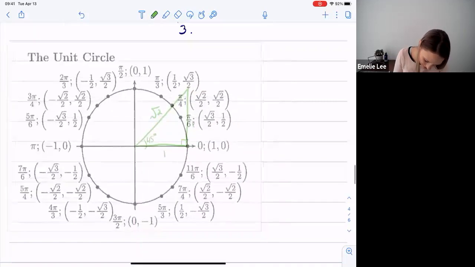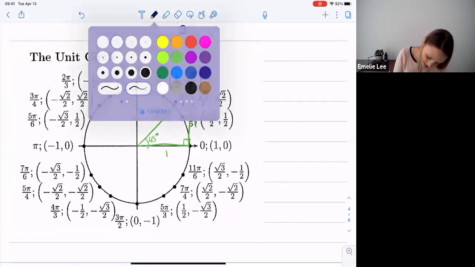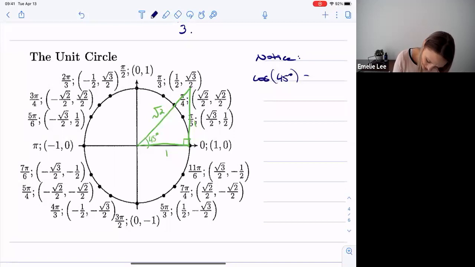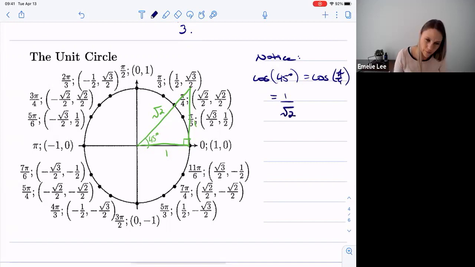I'm going to scoot this over a little bit. And so notice that the cosine of 45 degrees is the same as the cosine of pi over 4, which is 1 over root 2.